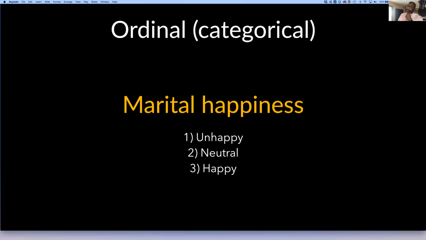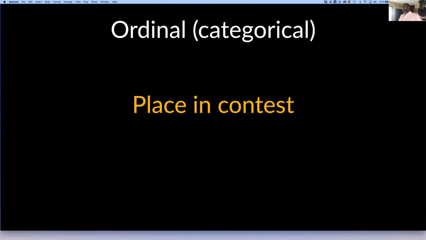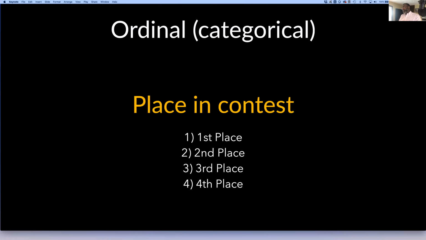Marital happiness, unhappy, neutral, happy. Or as I like to say, just married. Social class, wealthy, middle class, working class, poor. Okay. Place in contest, first, second, third, and fourth.